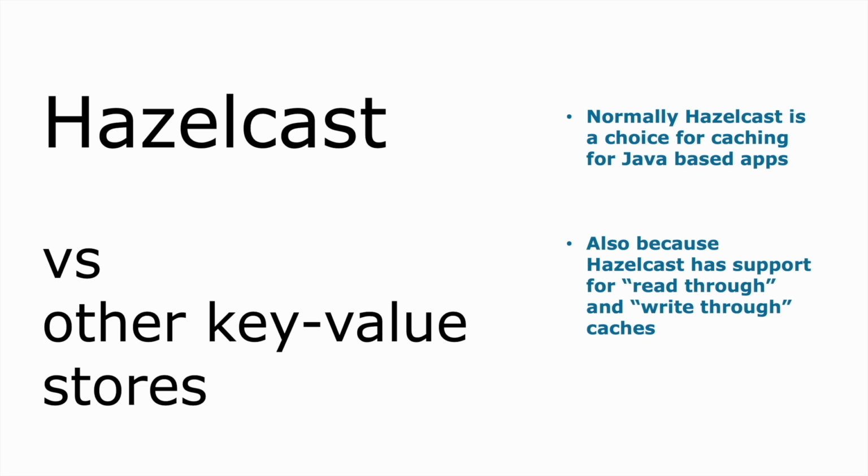Number one, normally I have seen that if the application which is accessing Hazelcast is written in Java, then Hazelcast is probably a more natural choice because Hazelcast is also written in Java, and it has some kind of listeners which can be relatively easily accessed from within Java. And also, if we want to leverage the read-through or the write-through caches, as we have discussed a while back, then Hazelcast may be a better choice because it has native support for both of these.